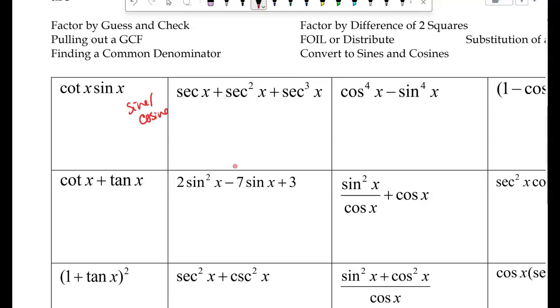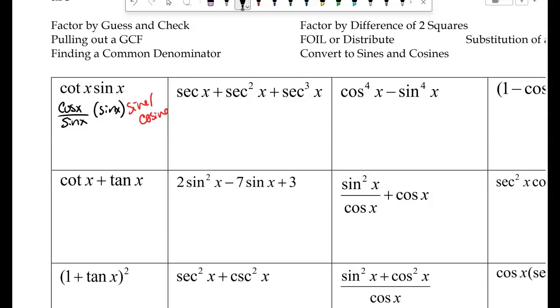So our first step, we would go, oh, cosine x over sine x times sine x. Right away, what happens with your sine of x? They cancel out, and we get cosine x.